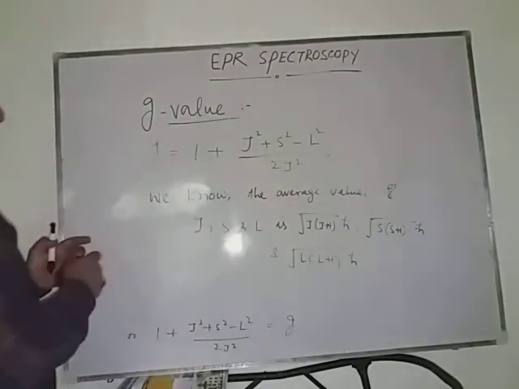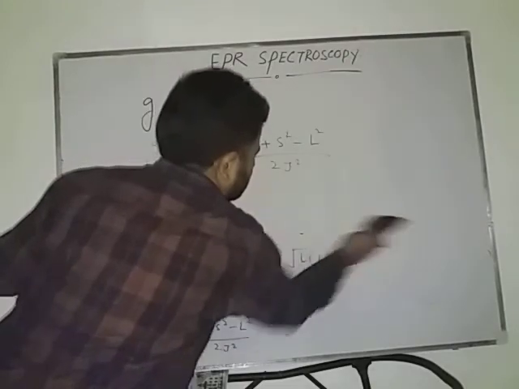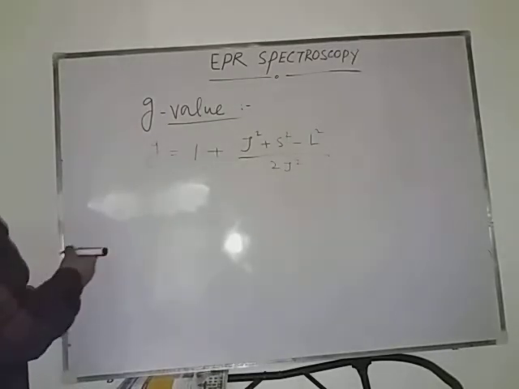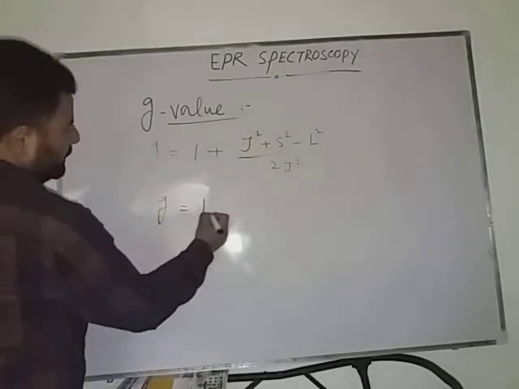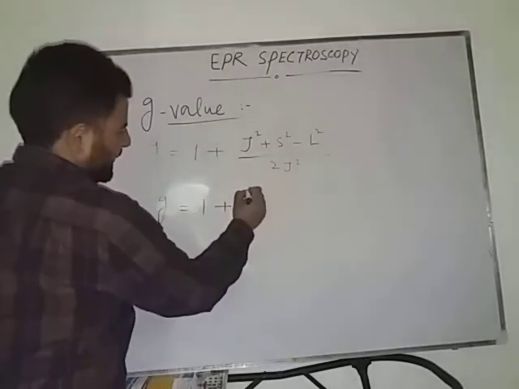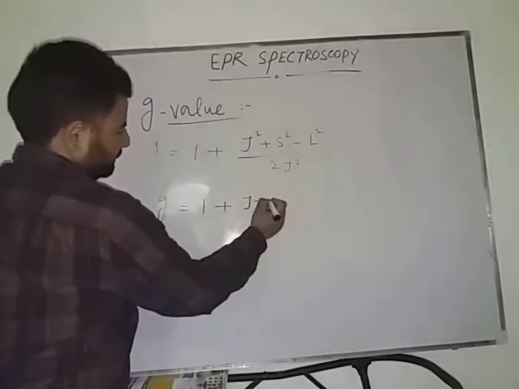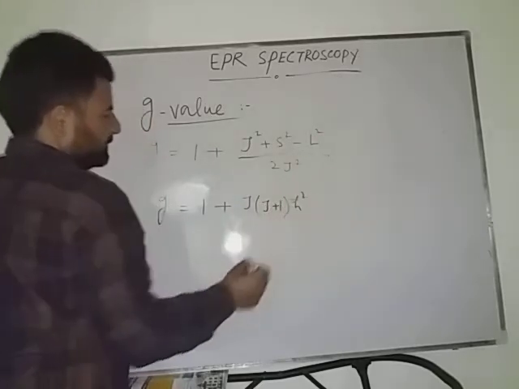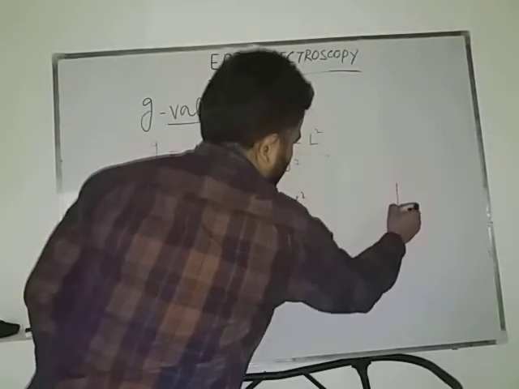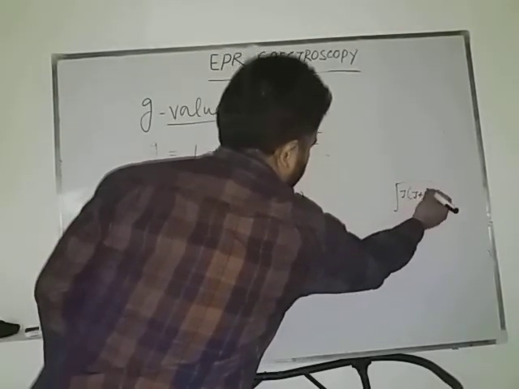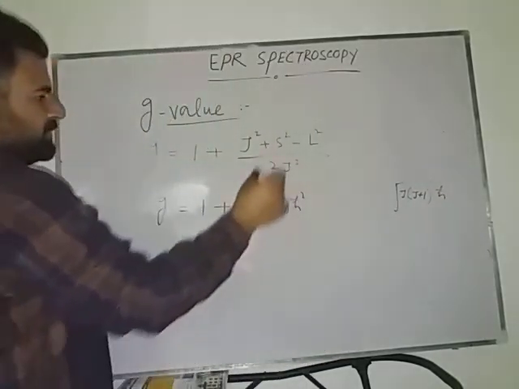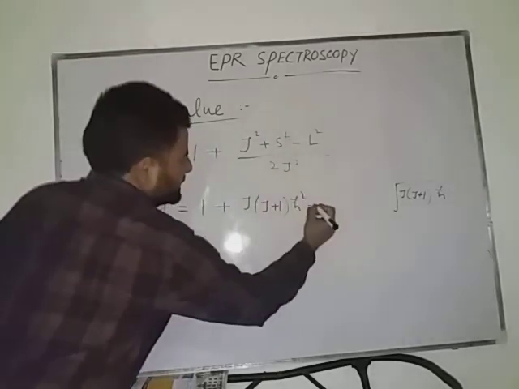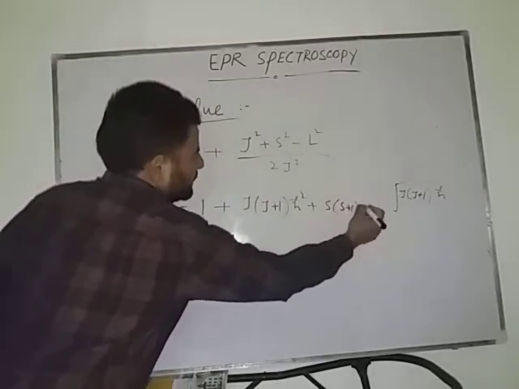What will we get? We will get g is equal to 1 plus, for J square we will write J into J plus 1 h cross square, because the actual value, under root of J into J plus 1 h cross, was squared, so it comes out J into J plus 1 h cross square, plus S into S plus 1 h cross square.